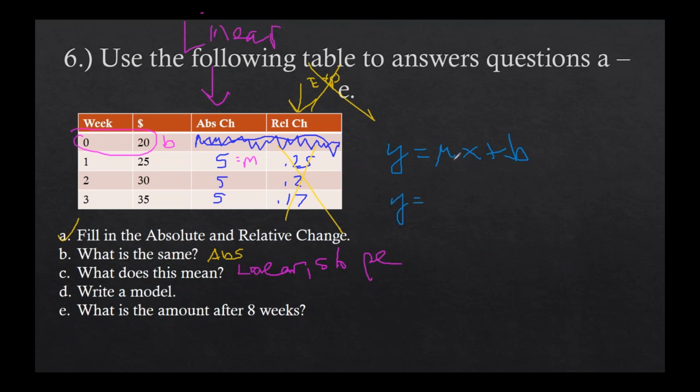So y equals our slope, which we identified as 5, so y equals 5x. And then our starting point, remember, is when x equals 0, so that would be 20. So in this particular case, our model would be y equals 5x plus 20. We know it's linear because the absolute change is the same. That's how we figured that part out.